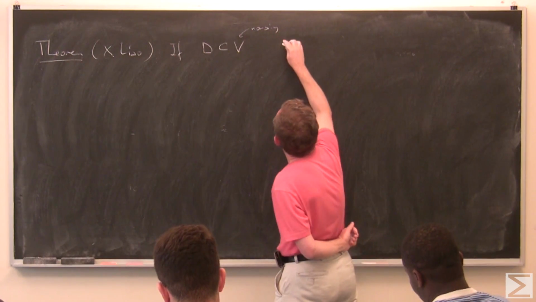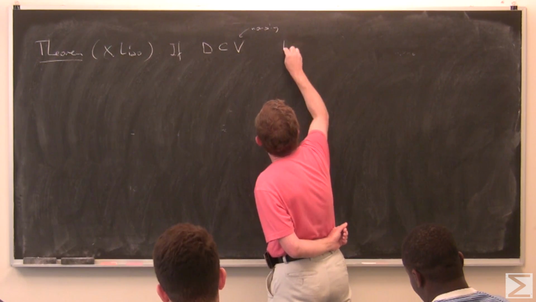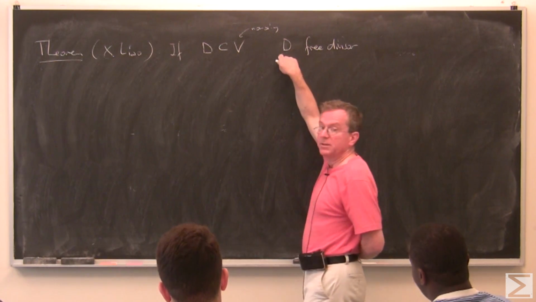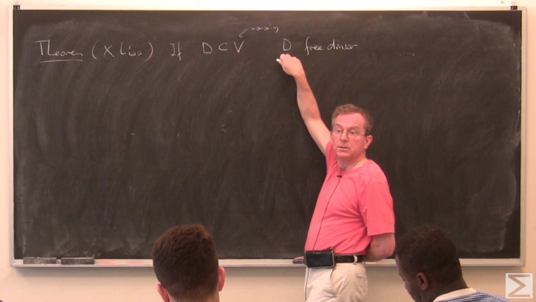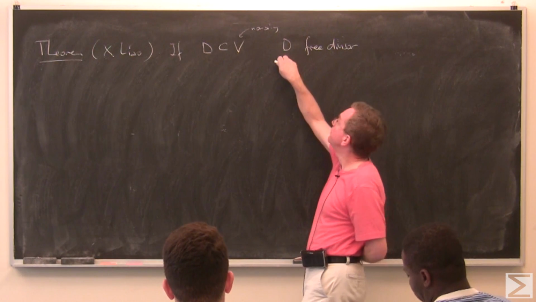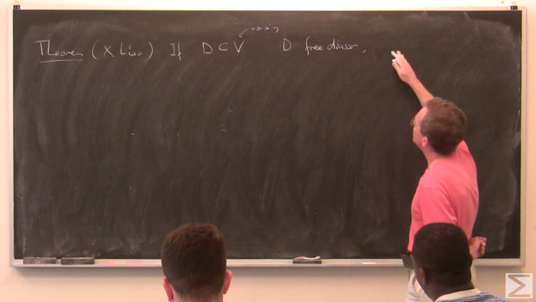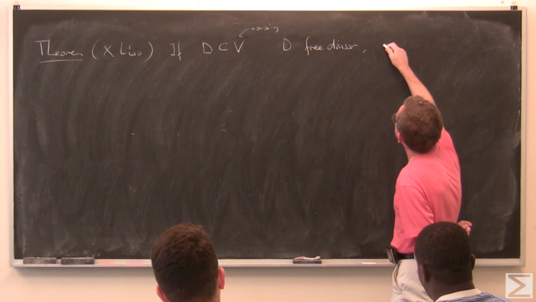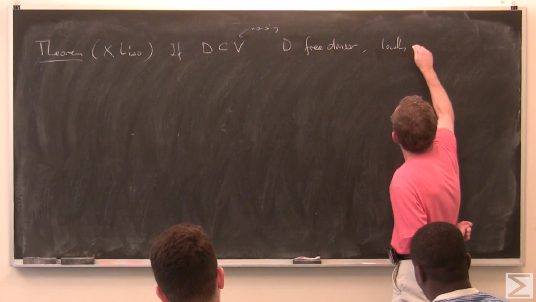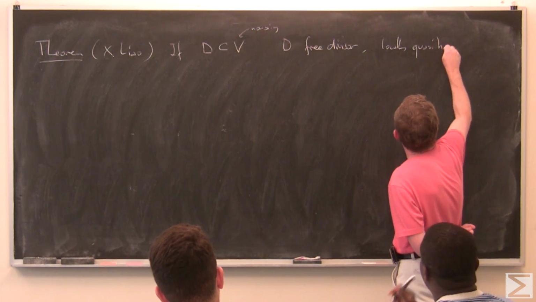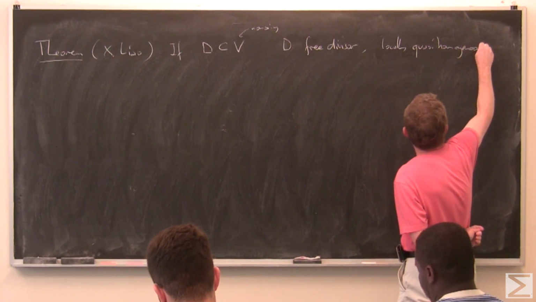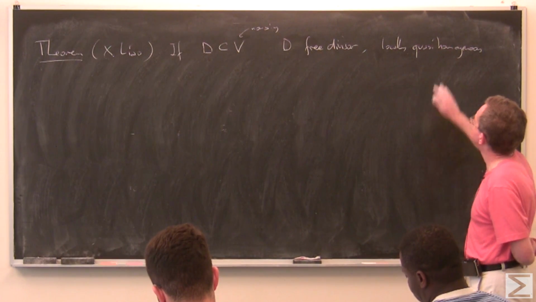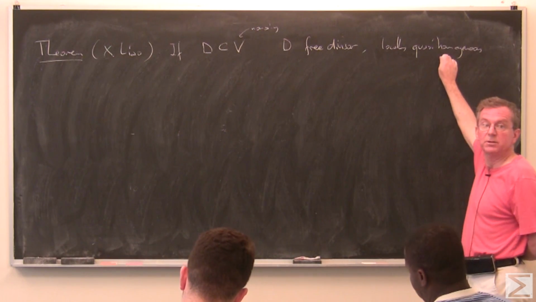What I need from D is that it is free as a divisor, which means that its logarithmic cotangent is a locally free sheaf. That's not enough. You need some extra condition, and one way to do it, to explain it quickly, is locally quasi-homogeneous. There's a stronger condition that has to do with linear embedding of the Jacobian, but this is good enough. So, for example, normal crossing is one of these.